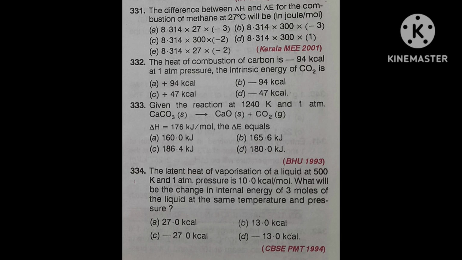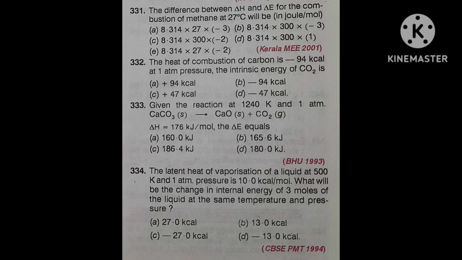Then you will get the answer: 176 minus 1 into 8.314 divided by 1000 into 1240. You will get 165.6 kilojoule. After simplification you will get this only, because 1000 is in the denominator and you have to multiply by temperature 1240.